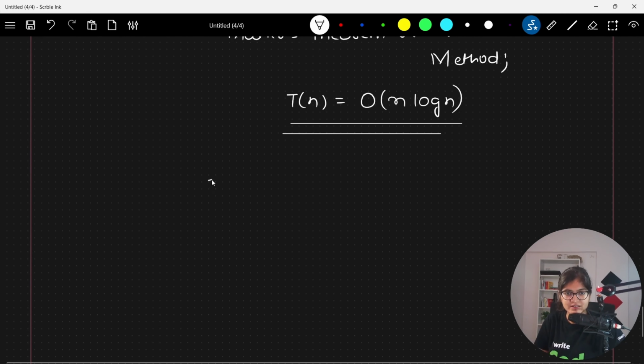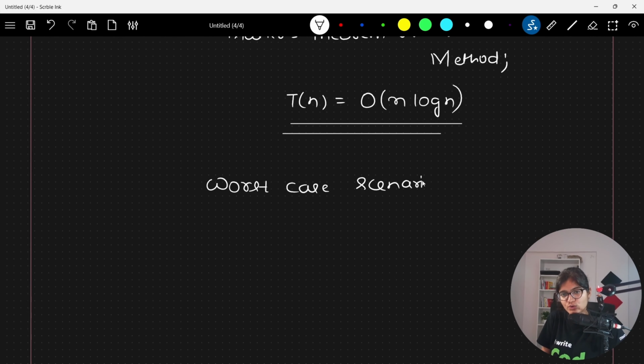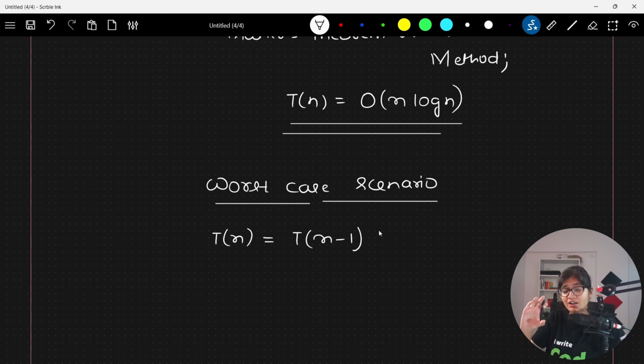But what will be the worst case scenario? As I told you, worst case scenario signifies that the value of T of n is equal to T of n minus 1, where it indicates that all the n minus 1 elements are on one side. Only a single element, which is a constant quantity, will be at the left side, right?